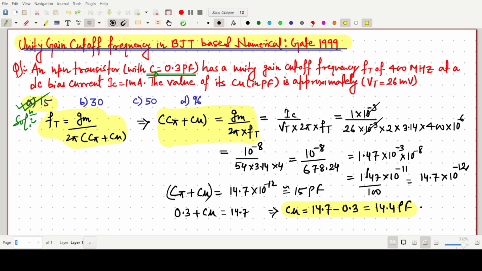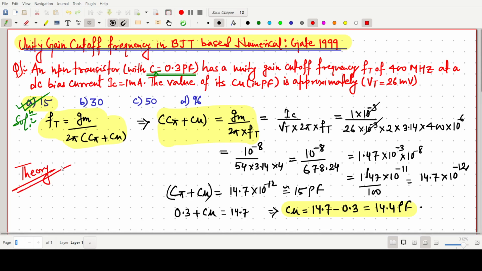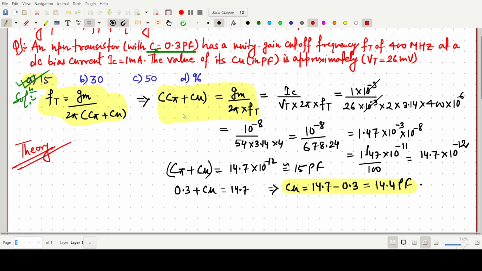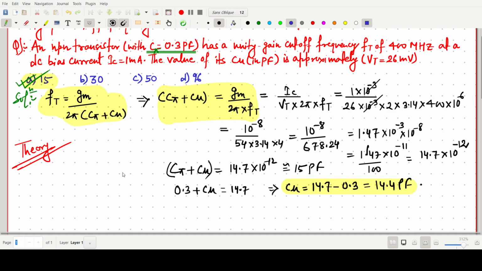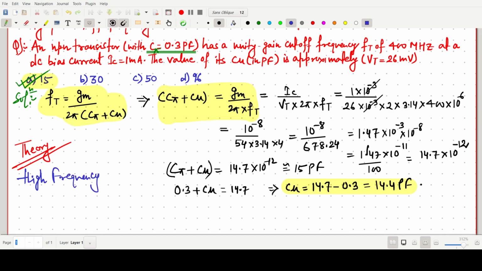So I have to select the pencil. Now the theory behind this. There is a concept of unity gain cutoff frequency. The unity gain cutoff frequency concept comes when the BJT is in the high frequency mode. So for that purpose we first have to draw the high frequency model of BJT.